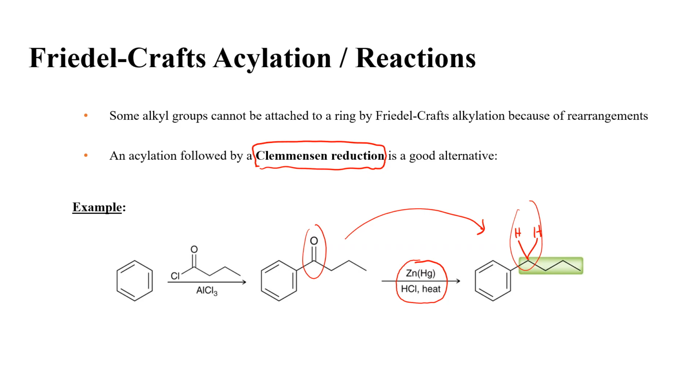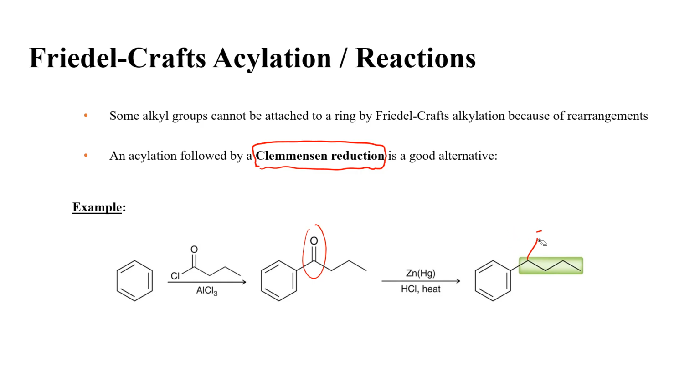It's an alloy of zinc and mercury with some HCl and heat. I've seen people just use zinc and HCl to do this as well. That works. You don't need amalgamated zinc. You could just do this with zinc and HCl, which we've used before to reduce the nitro group to an amino group, remember? You can do this to now get this down to the alkane.